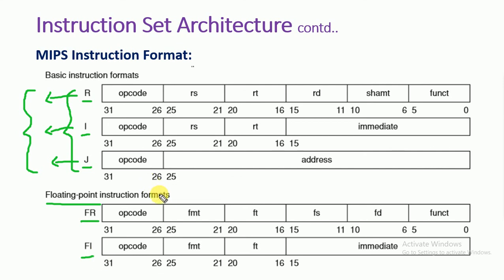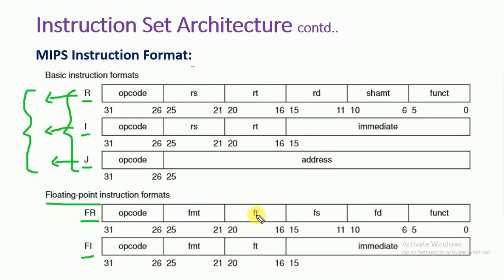So floating point register FR instructions will have an opcode, similar to the previous one. Then you can see bits 21 to 25 are used for the format specifier, FMT. FMT indicates the format: whether this floating point operation uses single precision or double precision must be kept in the second position, from 21 to 25. 5 bits are reserved for that format.